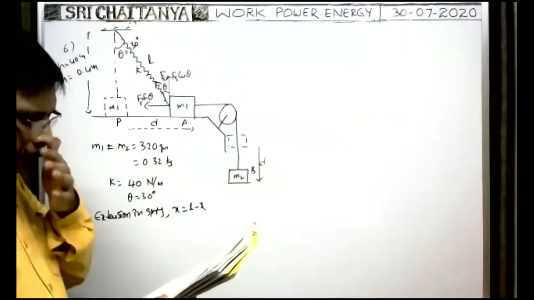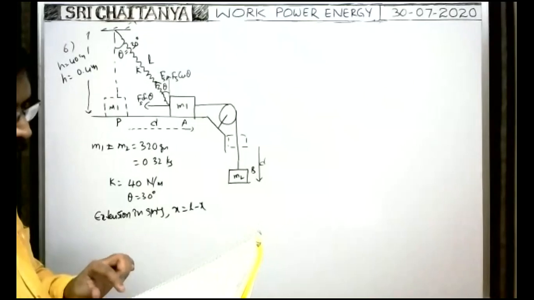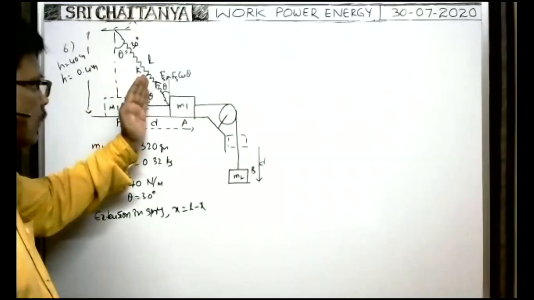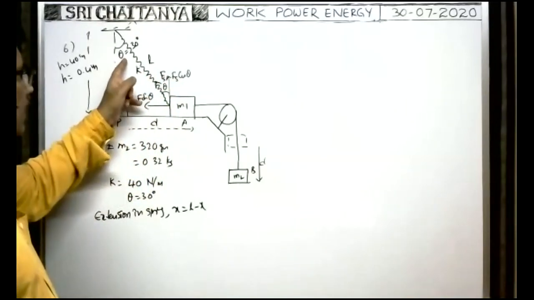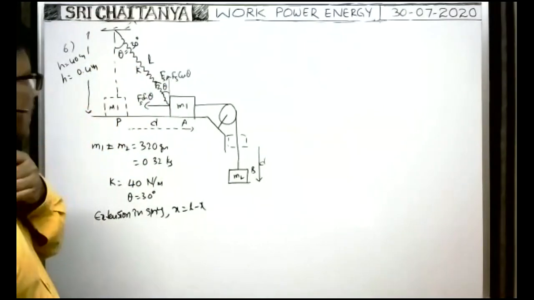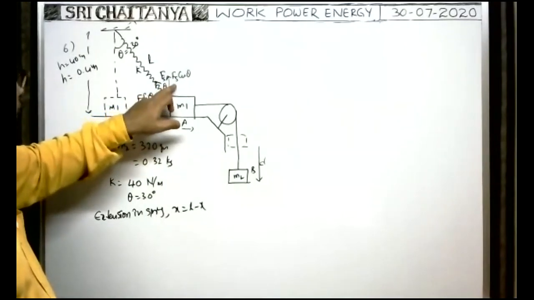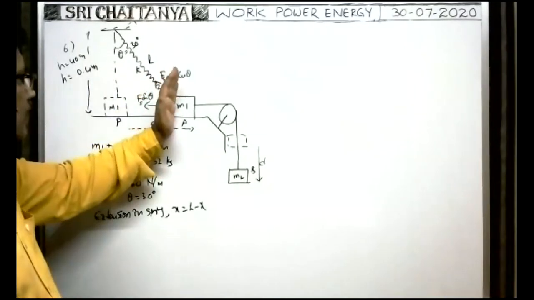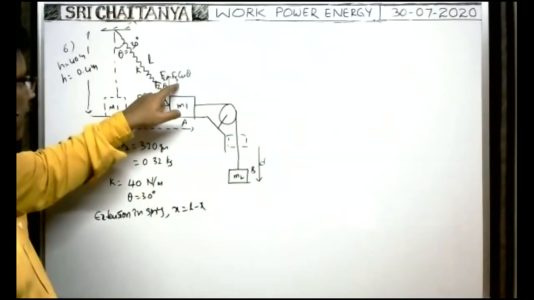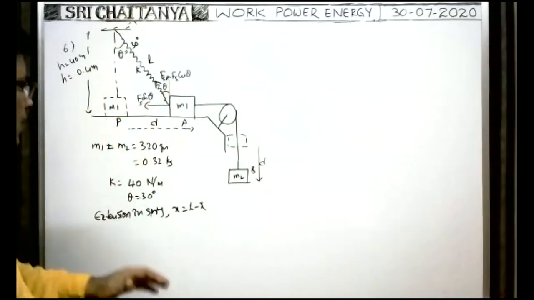Here they asked, find the velocity of the block A at the instant when it breaks off the surface below. As long as the block moves in this direction, the theta value gradually increases. Initially, whenever the block is here, there is no spring force, so Fs cos theta is 0 and Fs sin theta is also 0.